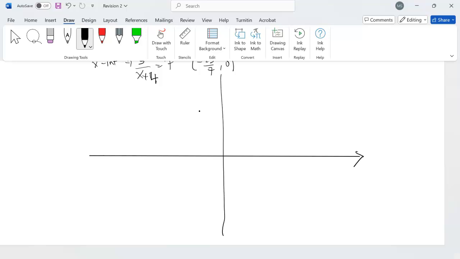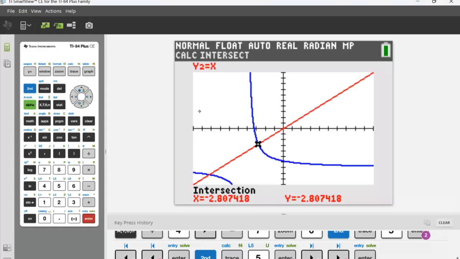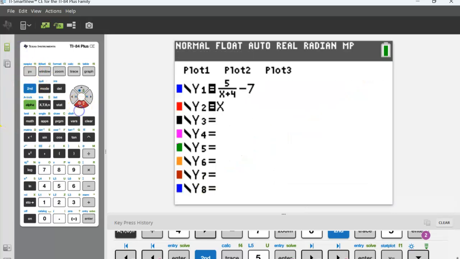Now I think before we do the graph, I think we need to confirm that the equation is correct. So I'm just going to go back to this equation. I don't want this already done.